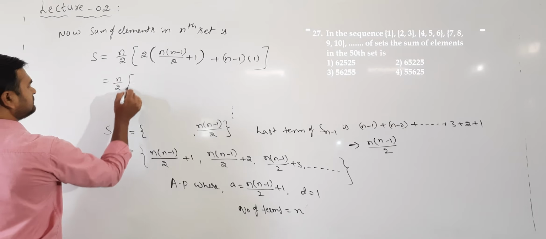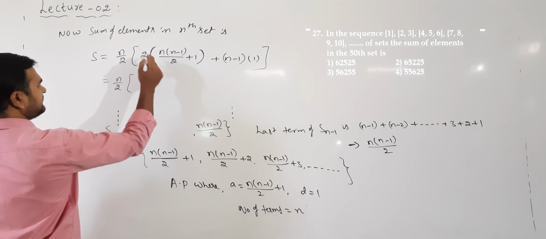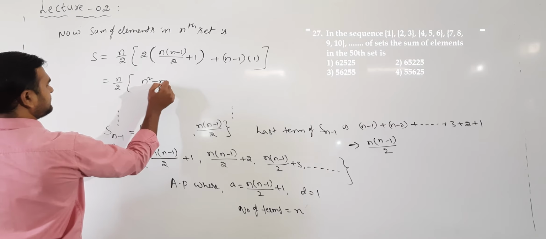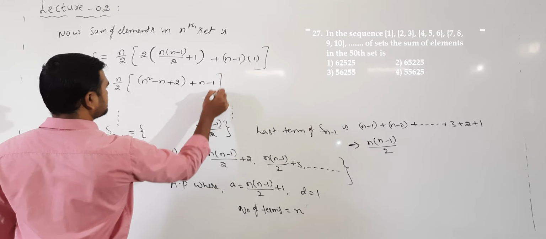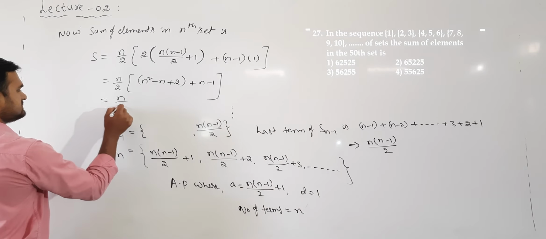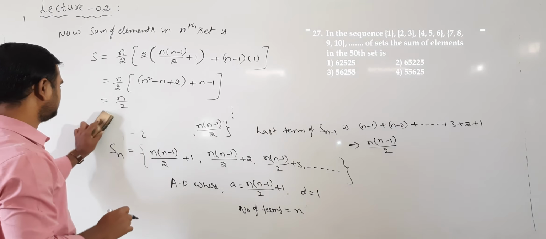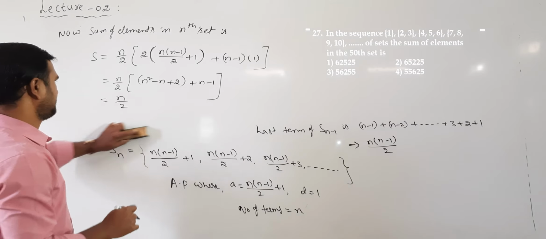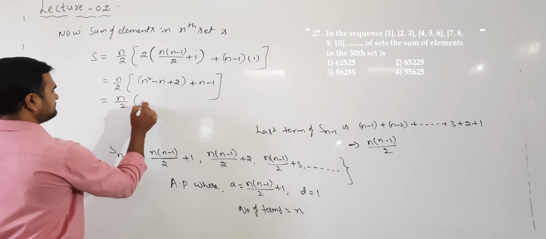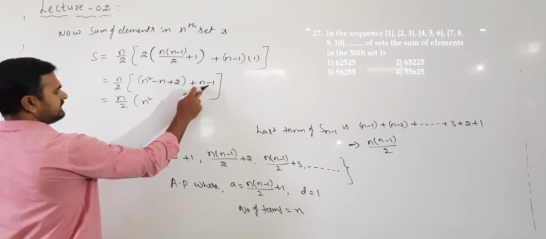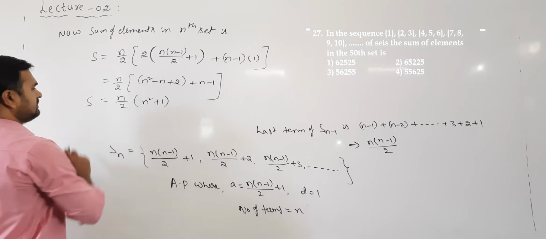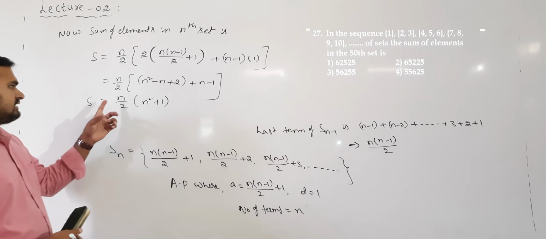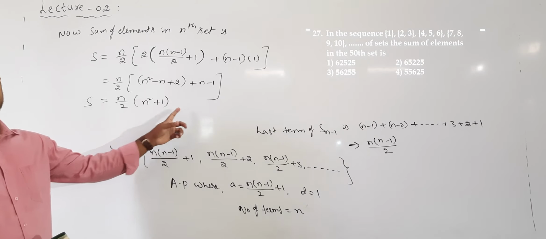So n by 2 into, let us take the LCM, 2 will get cancelled: n square minus n plus 2 plus n minus 1. So it is n by 2 into n square, n will get cancelled, 2 minus 1 is 1. So the required summation is n by 2 into n square plus 1.